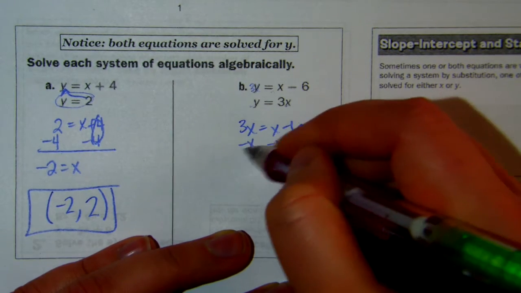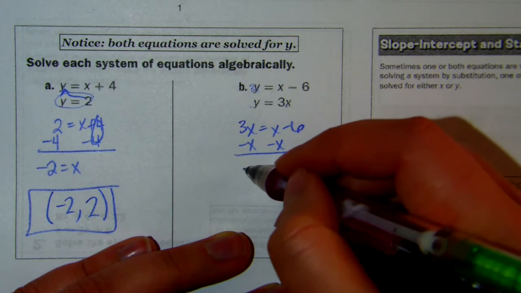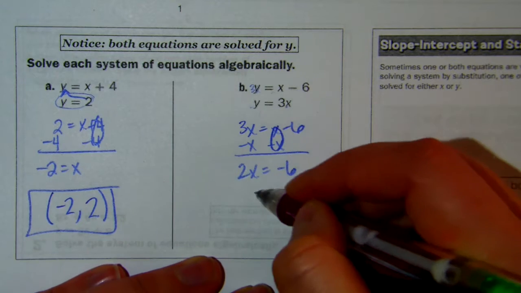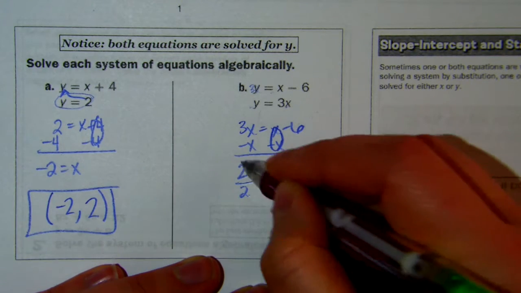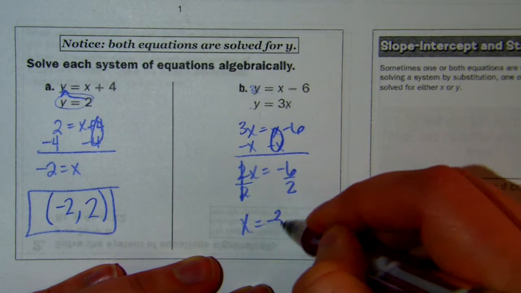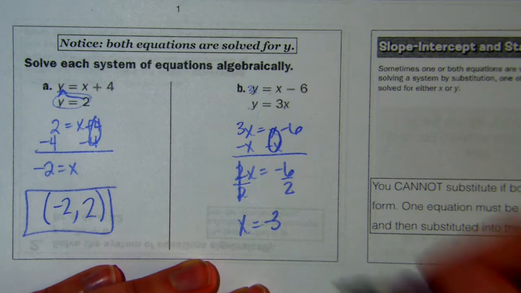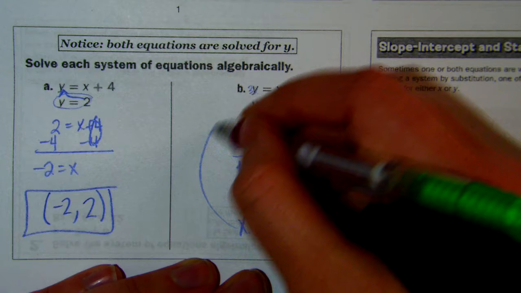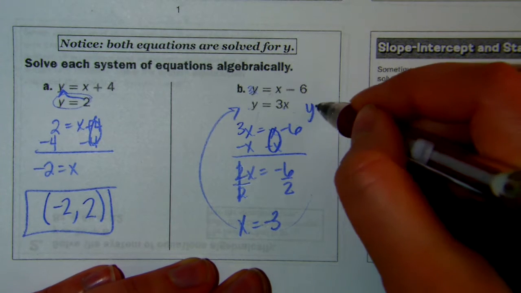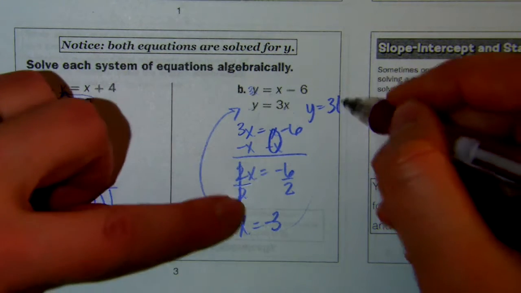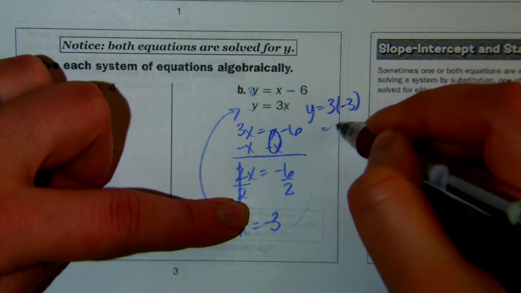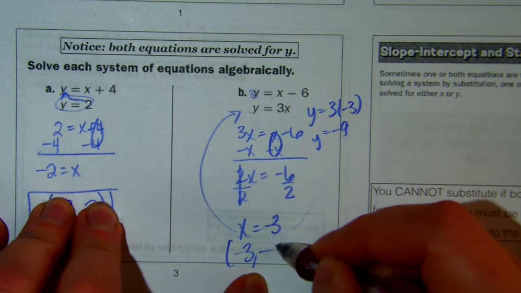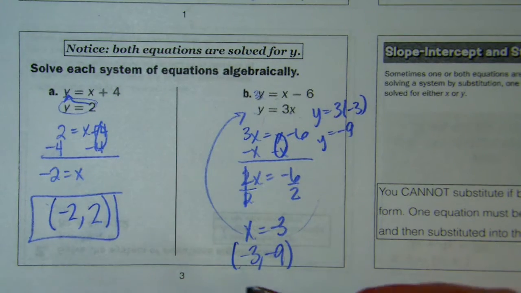Getting all the x's on the left-hand side, I have 3x minus x is 2x equals negative 6. Divide by 2. We get x equals negative 3. Then, to find what y is equal to, I need to replace my x up here. So I'm going to take my x and plug it in. So y is equal to 3 times x, or negative 3. Y is equal to negative 9. So my ordered pair would be negative 3, negative 9. One solution.